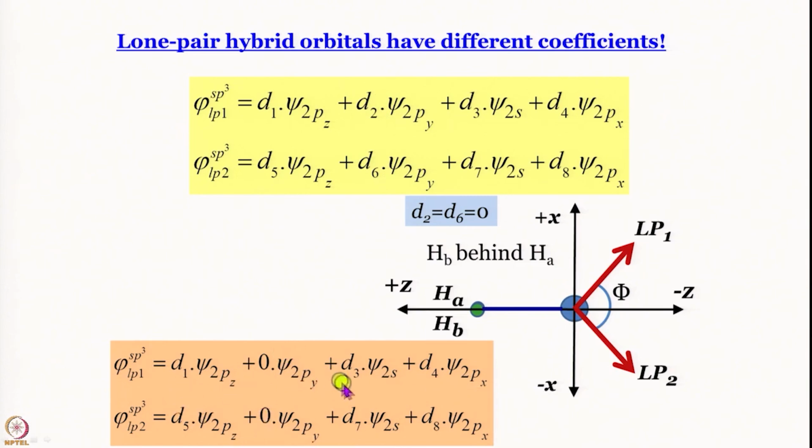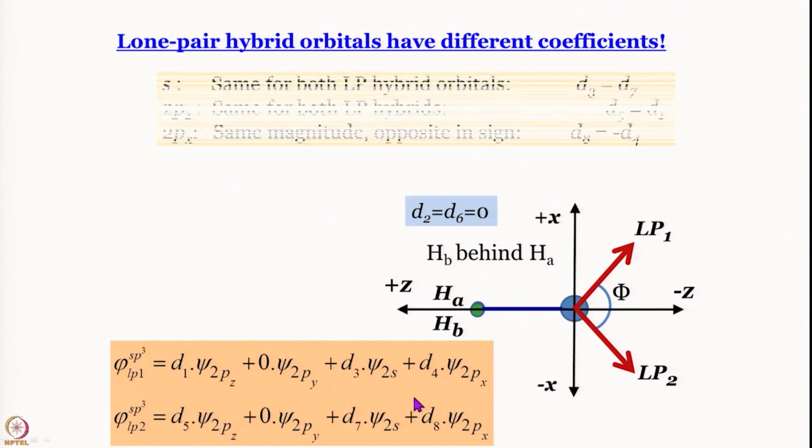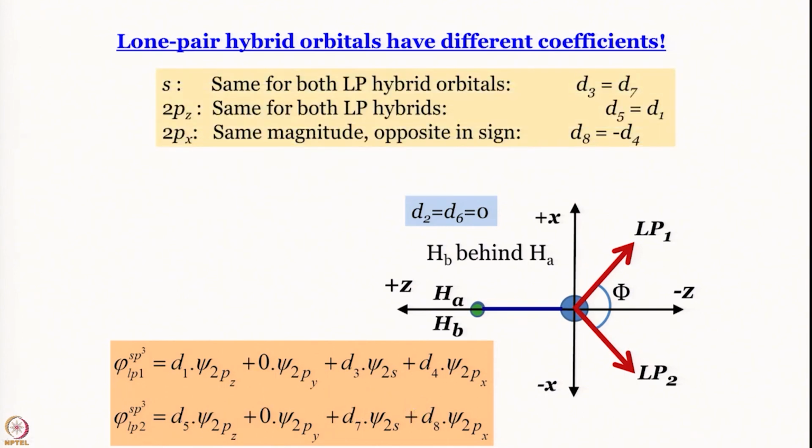Now, you have d1, d3, d4, d5, d7, d8. Now, see, it is not very difficult to understand that the contribution of S has to be the same for both these hybrid orbitals, is not it? Remember the case of hybrid orbitals used for bonding pair, the contribution of S was the same in both sp4, right.